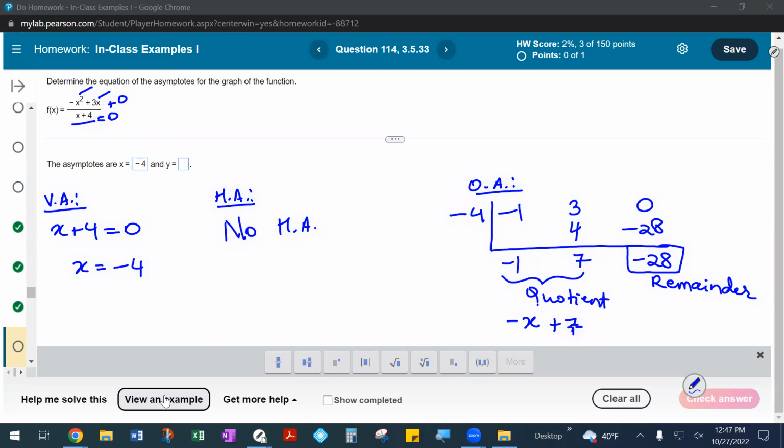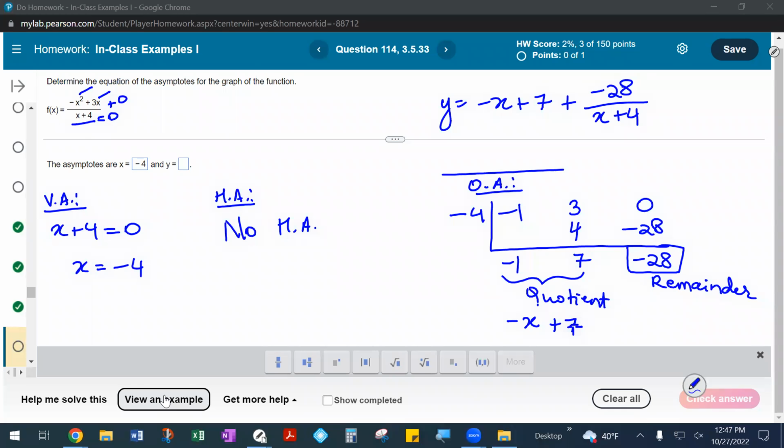I'm still not sure about how to write this out, but I guess my math lab will tell us if we're right or not. So start with your quotient, negative x plus 7. Then you add your remainder over the original divisor, which would be x plus 4.